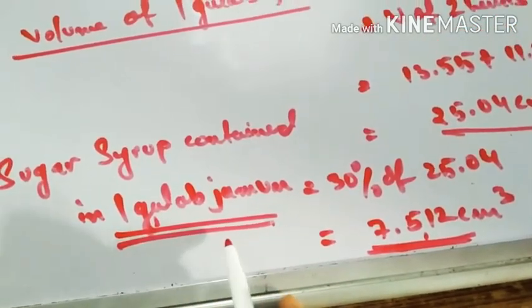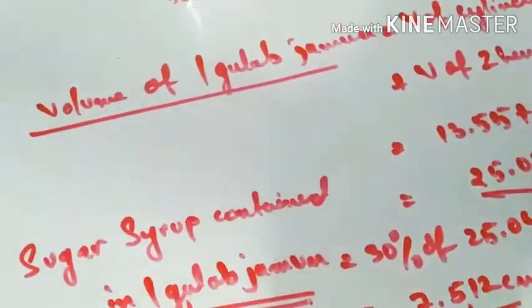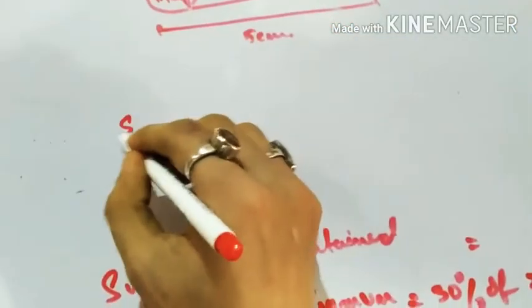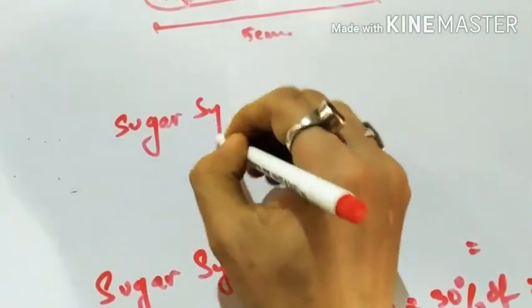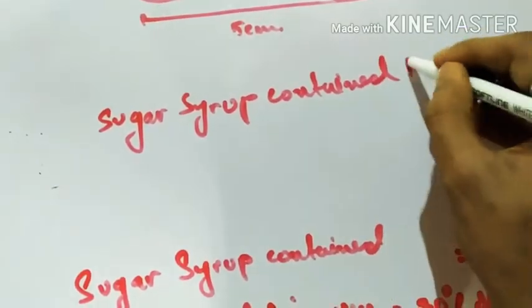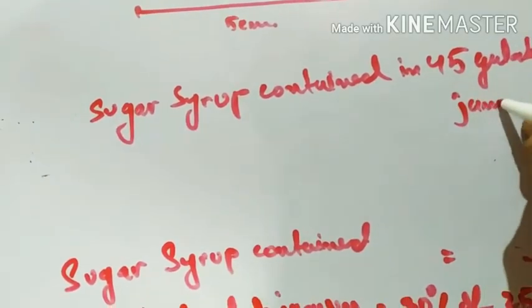Now I have got 45 gulab jamun. So next I will write sugar syrup contained in 45 gulab jamun.